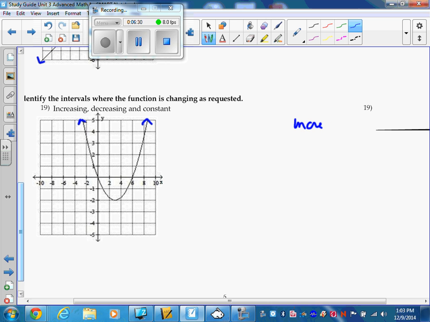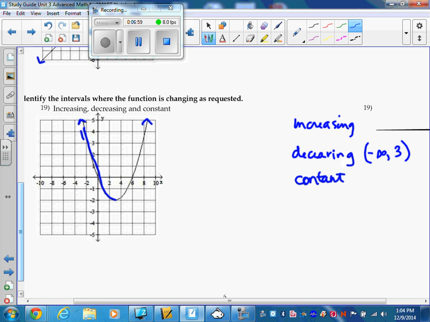Remember that these intervals are always rounded because you can't be increasing or decreasing at a point. So let's go ahead and use our interval notation. This function is decreasing here until we get to 3. So it is decreasing from -infinity to 3.